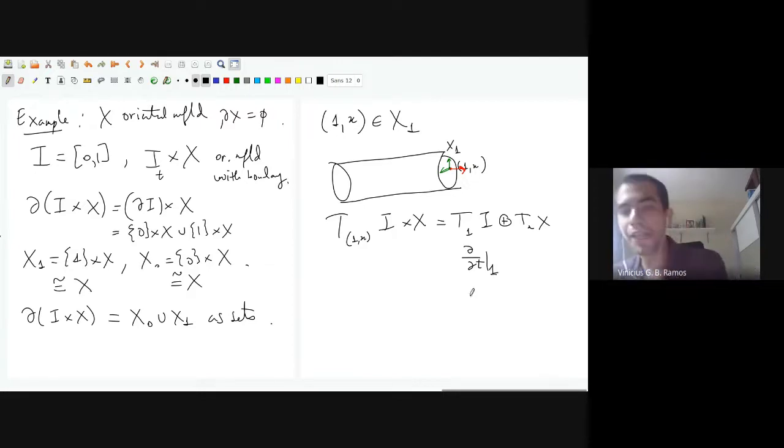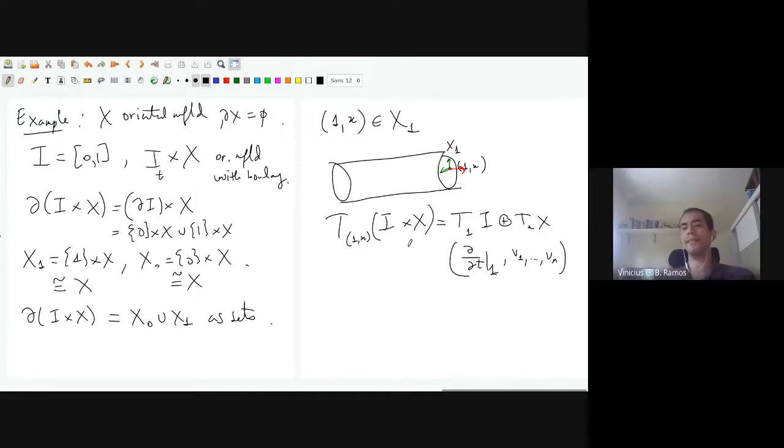So if I take this and then an oriented basis of X, that is an oriented basis of I times X.